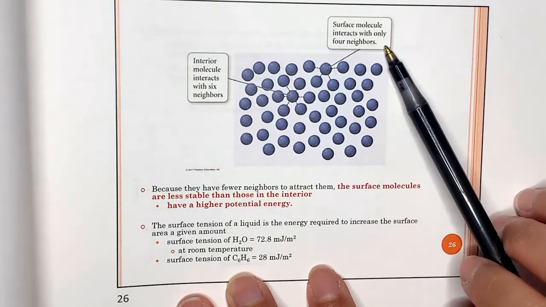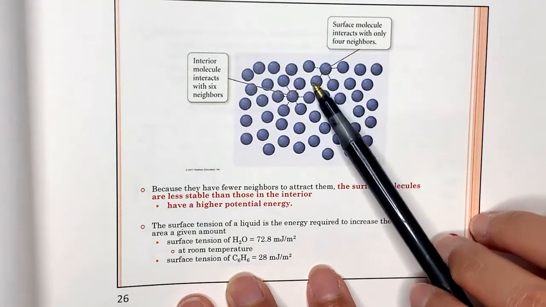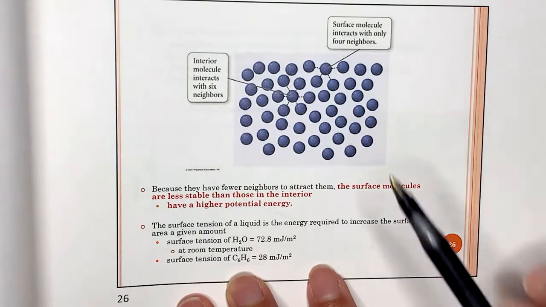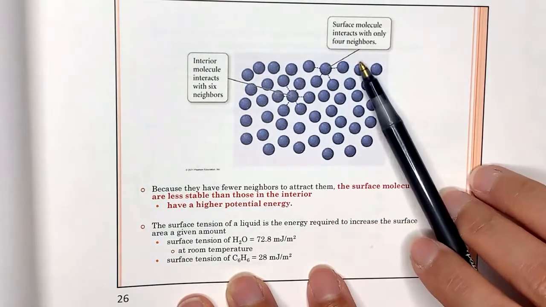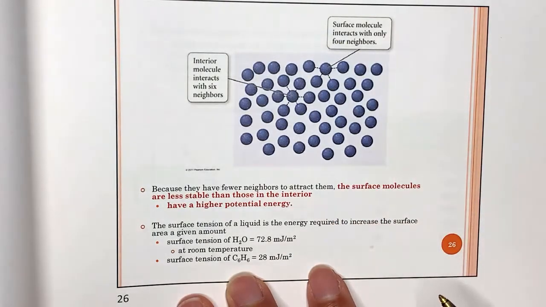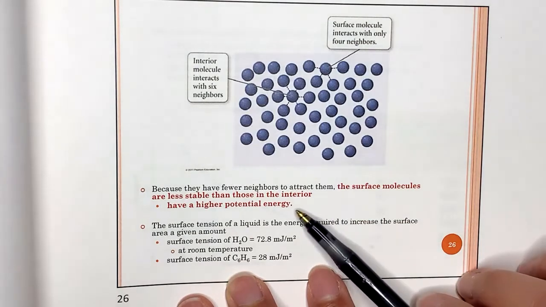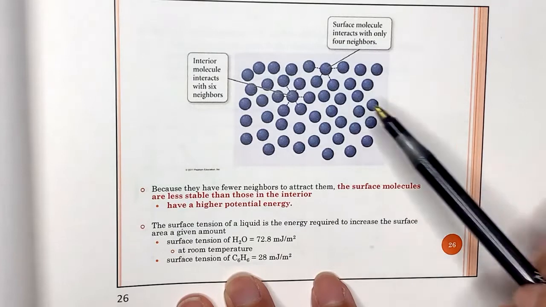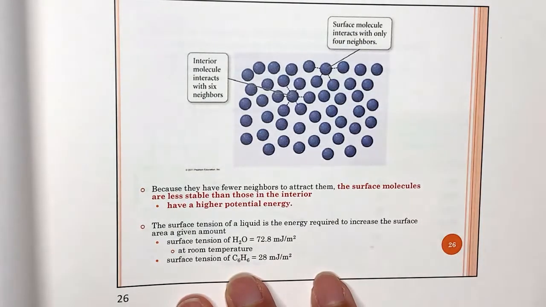The surface molecules only have neighbors down below, but nobody above. Because they're missing those neighbors on top to help stabilize them, they have higher potential energy and are less stable. This is why the molecules on the surface try to minimize their occurrence. They're like, we're not stable, we'd rather be on the inside.